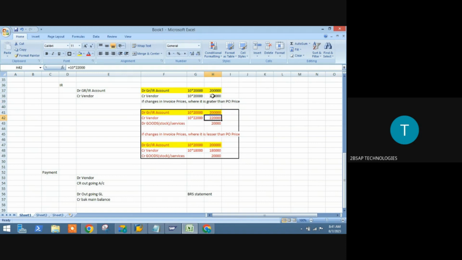Now you are going to do the payment. Debit vendor 2 lakhs and credit bank outgoing GL 2 lakhs.